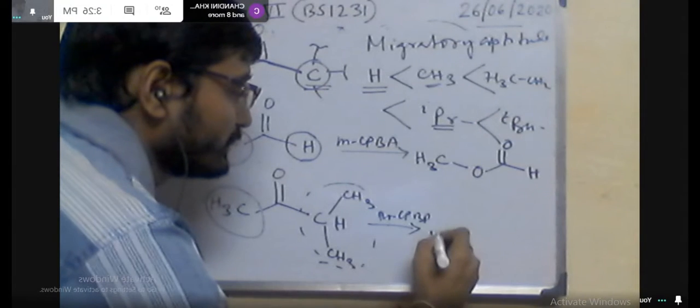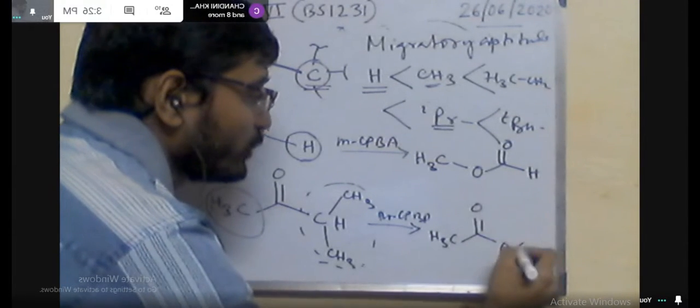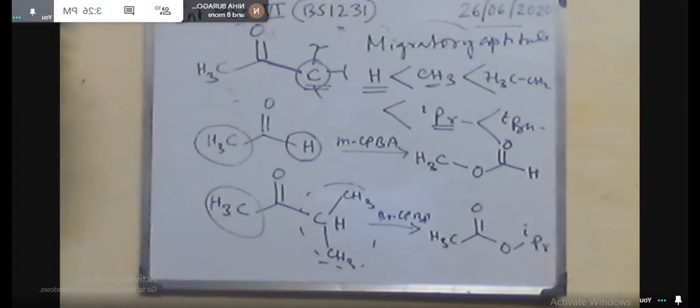Now if any chirality is present in the molecule, say the migrating group contains the chiral center. Chiral center means the asymmetric center.